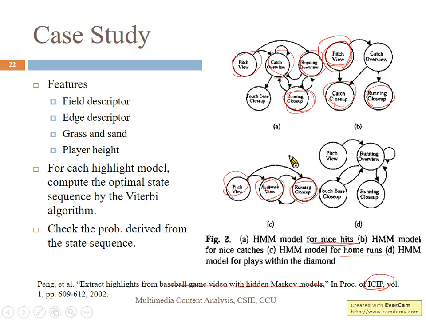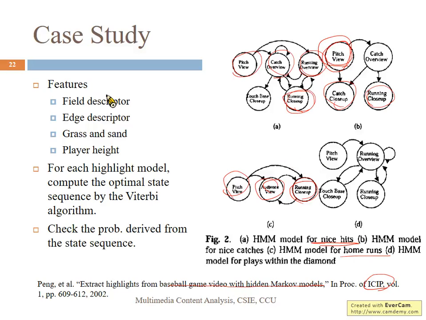So if we can recognize the view of the camera, we can check whether they follow some state transition of these hidden Markov models, and then we can estimate the probability of some important events.